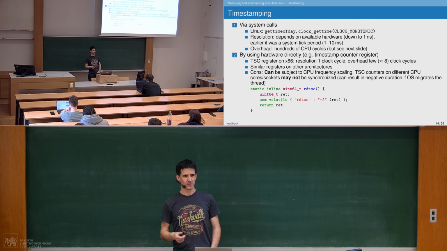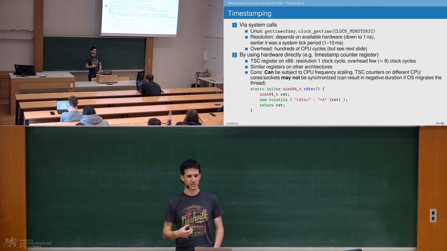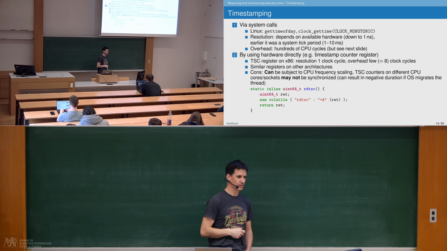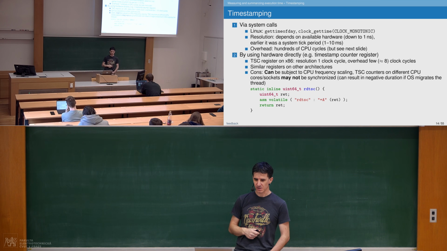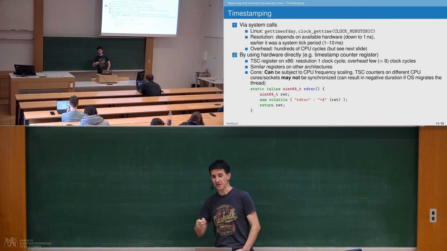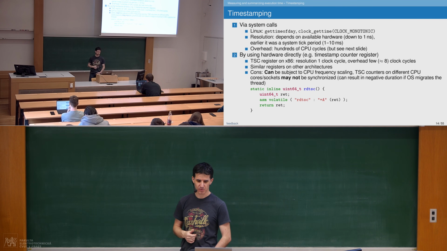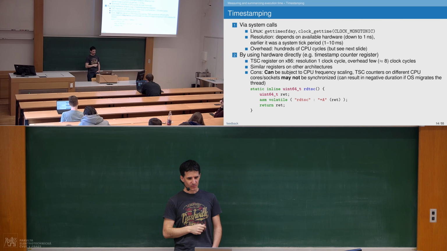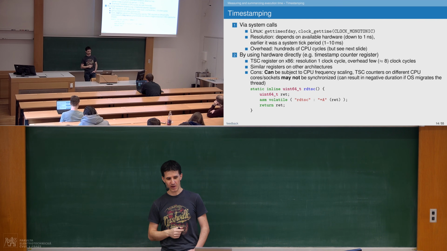That's nice. The overhead of reading this register is very small. If you try reading this register in a loop, you will see that you can do one read of this register every 8 clock cycles, so it's very efficient. But there are some problems with this as well.